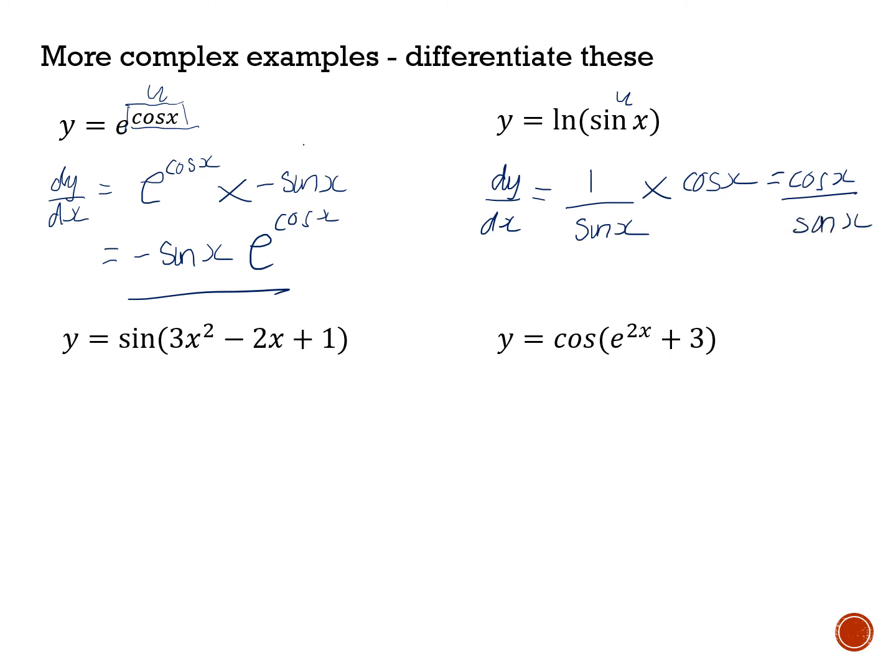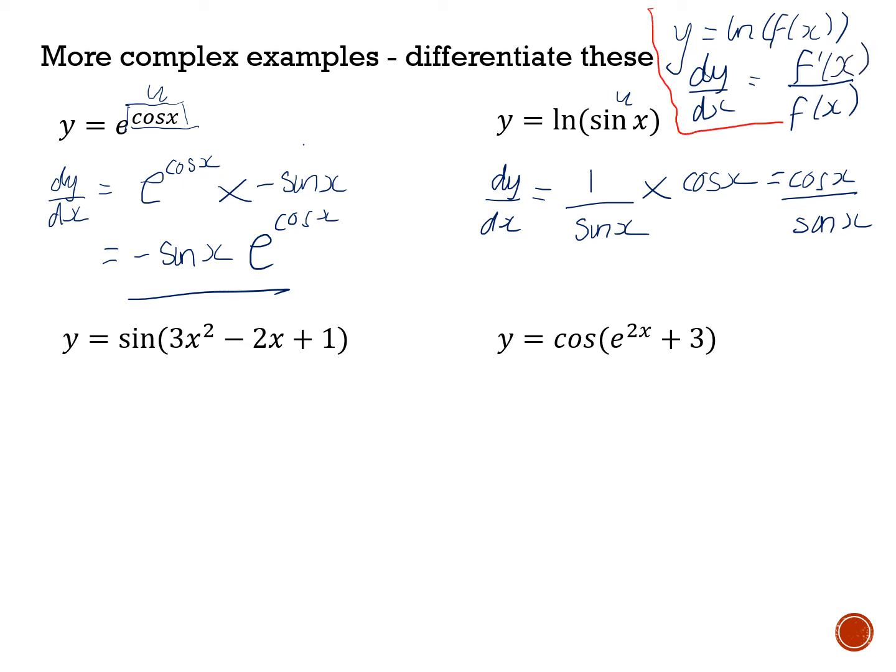By the chain rule, when I differentiate ln of something, this is a general one to remember. If y equals ln of some function of x, then my differential is the function of x on the bottom, because I do 1 over, and then the differential of that on the top. That is a really useful thing for you to remember.